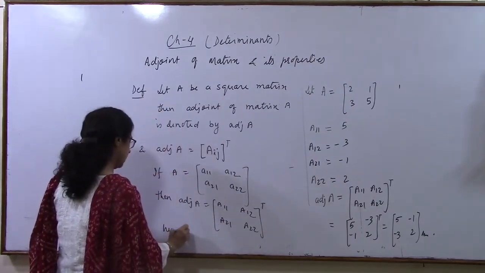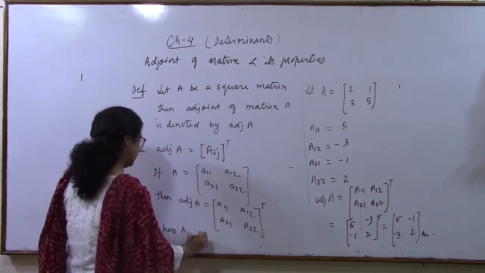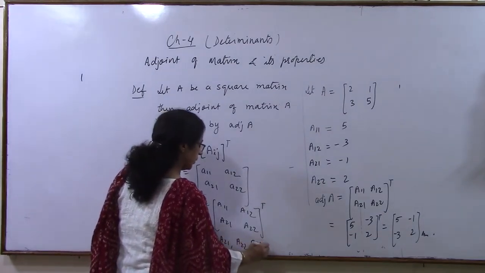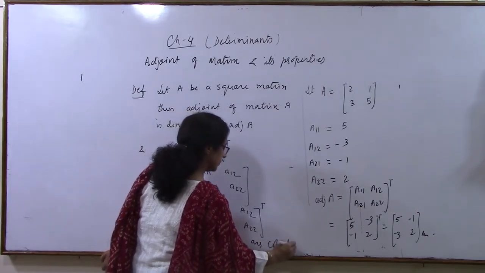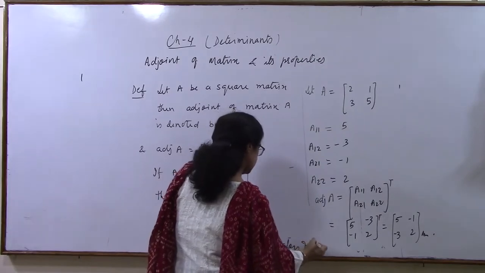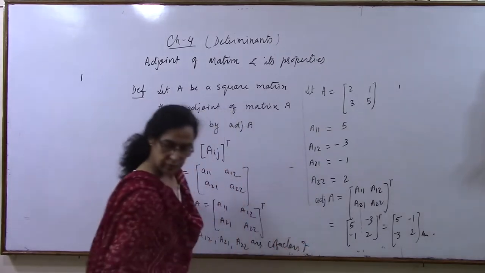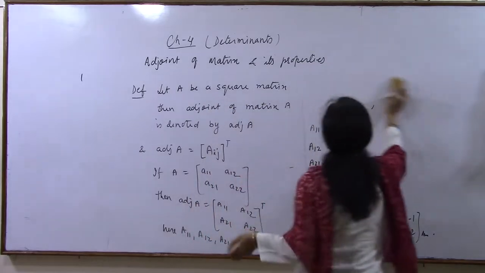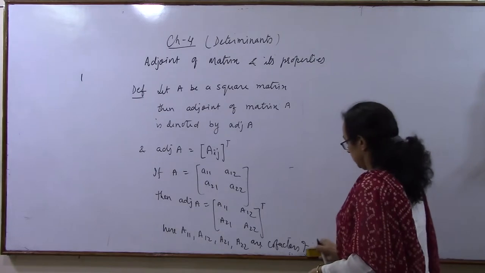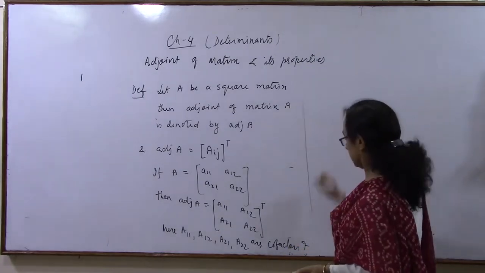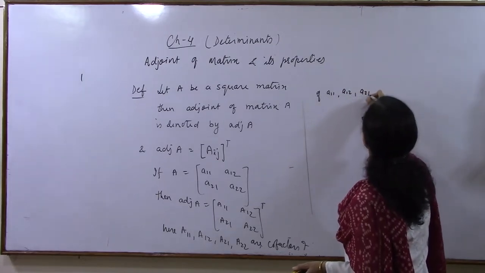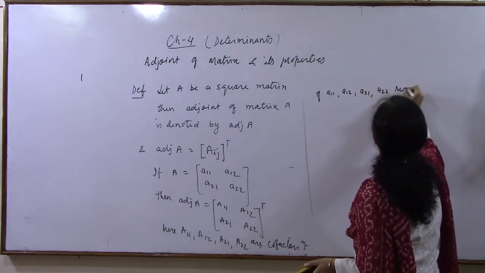Here A11, A12, A21, A22 are the cofactors of a11, a12, a21, a22 respectively.